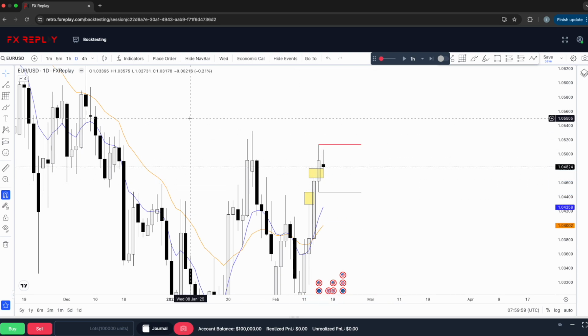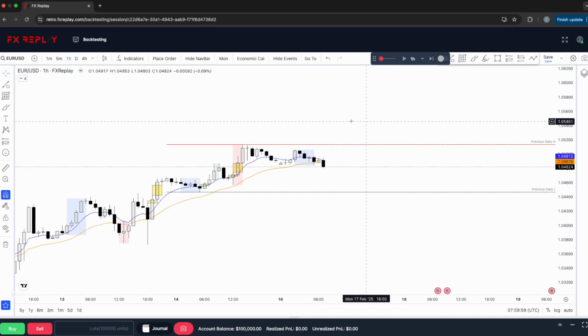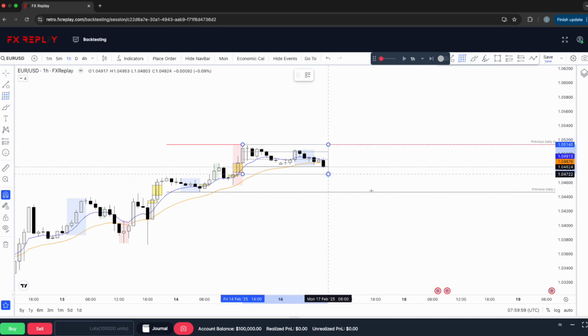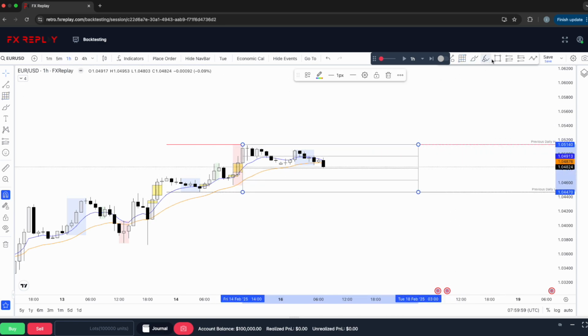Let's see what happens. I just want to check out the 1 hour time frame. The 1 hour time frame also looks like price action is very heavily going to take out this previous day high and these fair value gaps. But ideally, using the TLC strategy, I want to be selling in this area over here and then buying.